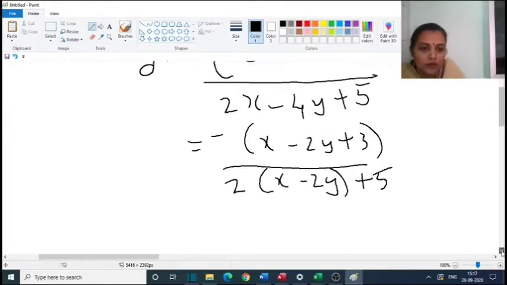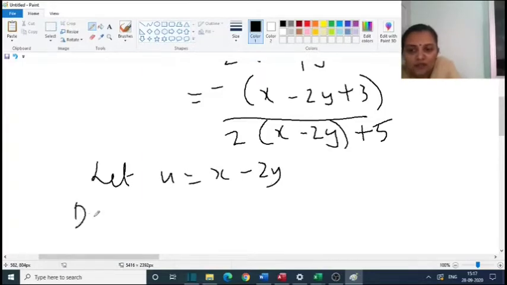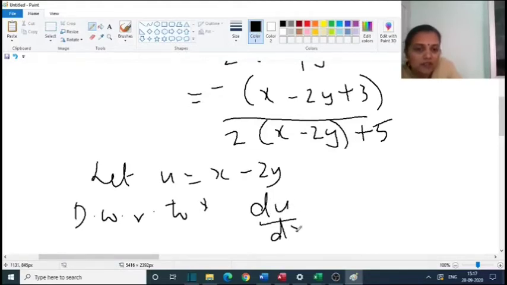Now we substitute, let u equal x minus 2y. Differentiating with respect to x, we get du by dx equals 1 minus 2 dy by dx.